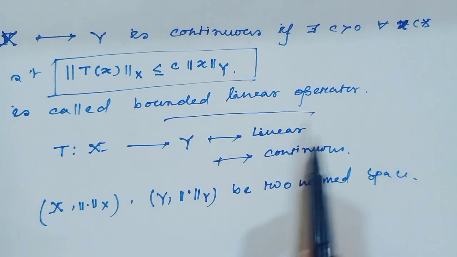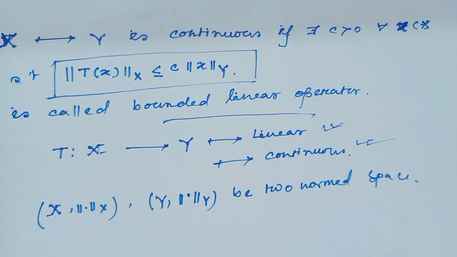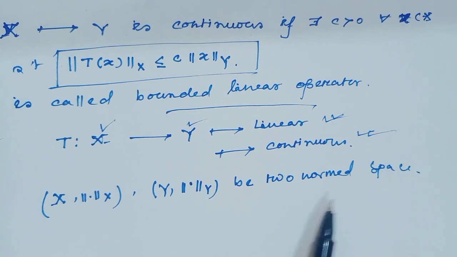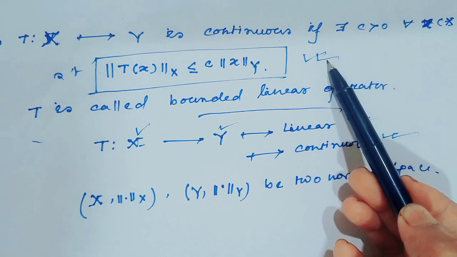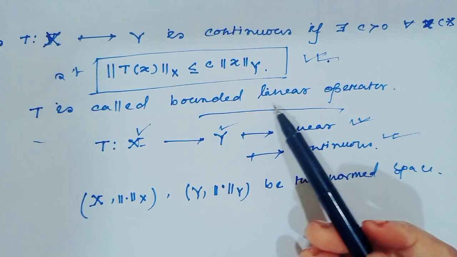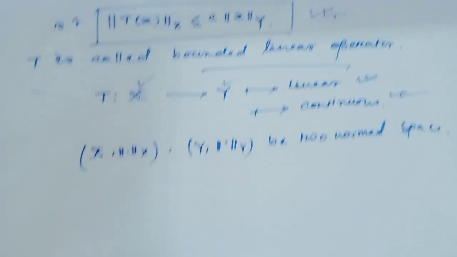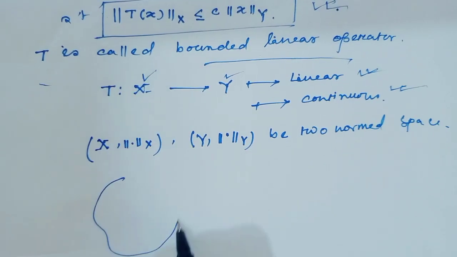Obviously this operator is linear and continuous, where these two spaces are normed spaces. If this condition holds, then T is called a bounded linear operator, and the picture would be of this type.